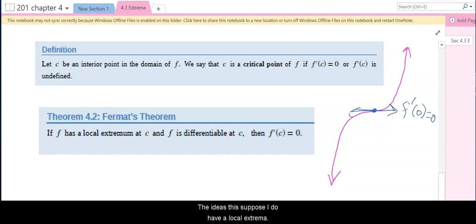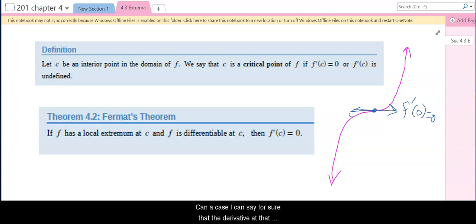The idea is this. Suppose I do have a local extrema. That means that I either have a local maximum or a local minimum at c. And suppose that the derivative does exist there. If the derivative exists, it cannot be a corner or a cusp. If the derivative exists and it's a local max or a local min, then it must be a hilltop or a valley bottom.